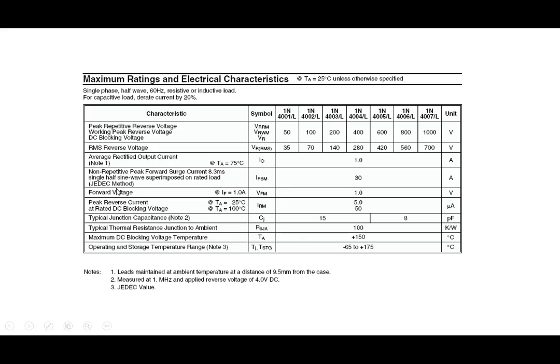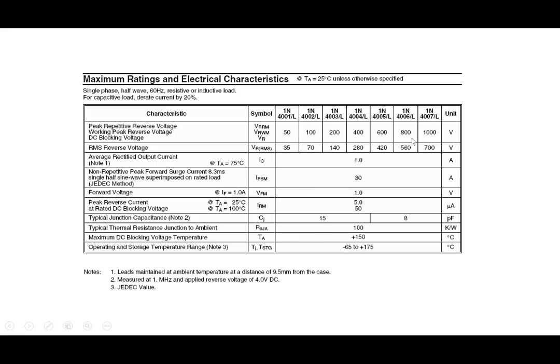Then there is a non-repetitive peak forward surge current. So forward surge current, it can handle 30 amperes here. And there are other specifications here also.